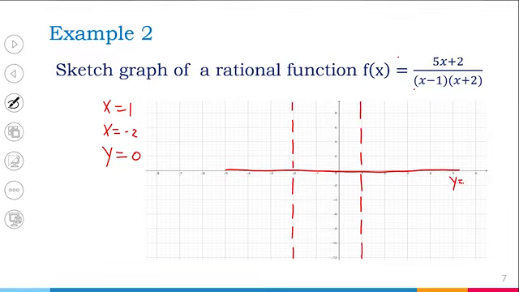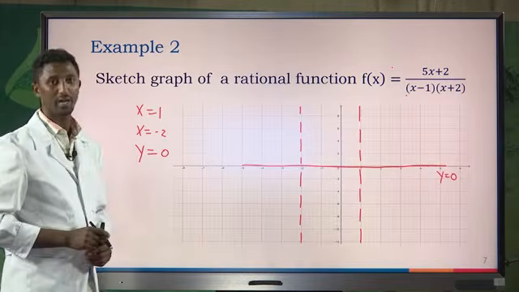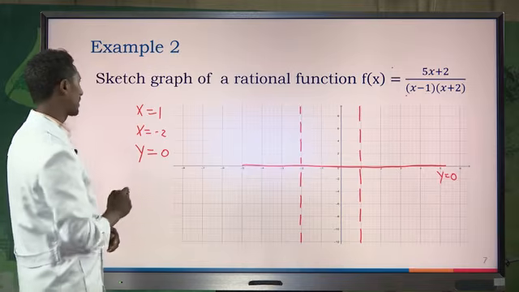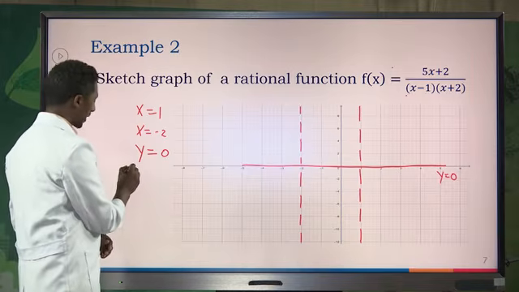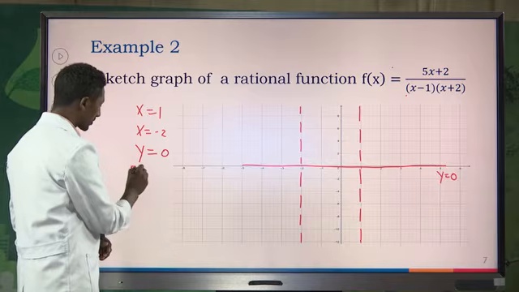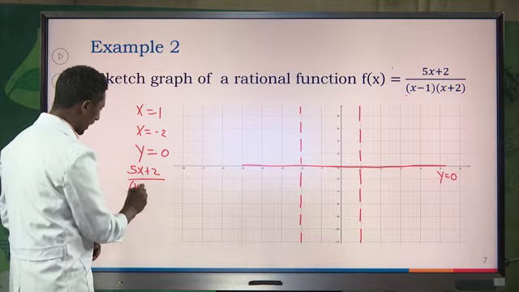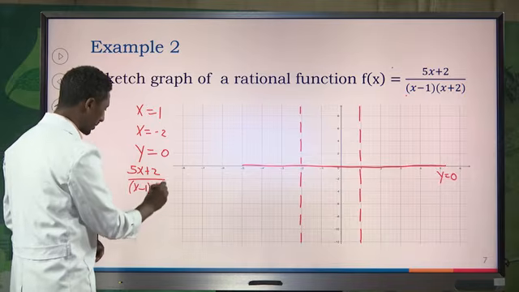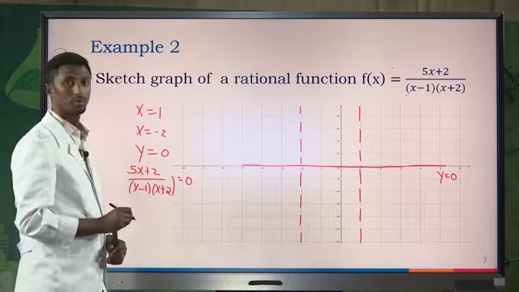Now to draw the graph of this rational function, we need to determine also the x-intercept. For the x-intercept, set 5x plus 2 over (x minus 1) times (x plus 2) equal to 0.